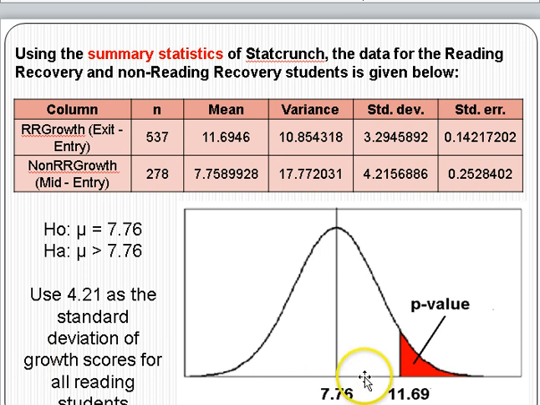Okay, the p-value is, how likely is that sample mean, assuming that the true average growth score is 7.76. How likely is the sample mean? In general, the p-value is always how likely is the sample value.